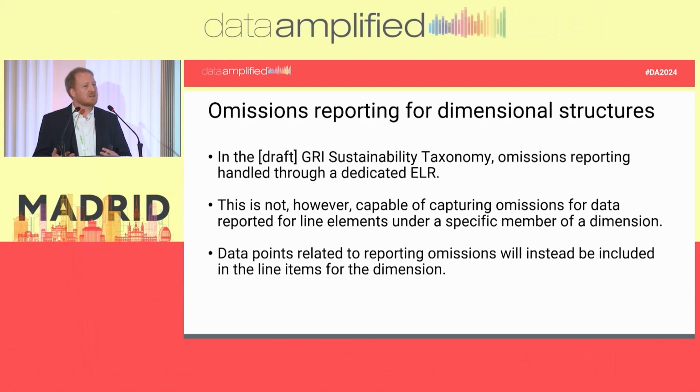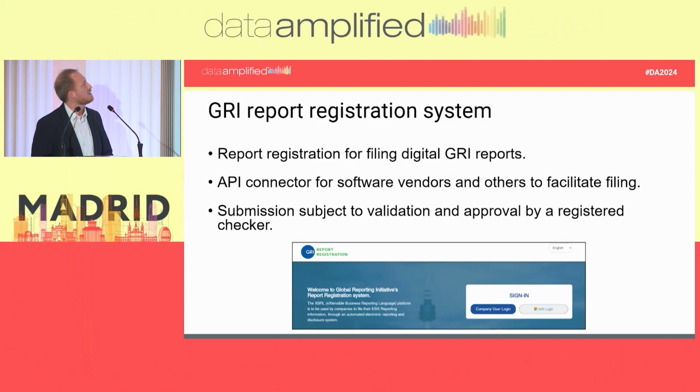This means we have to bring all that information around omissions into the structure of the taxonomy itself, at the level of line elements when you're using dimensions. That's a change we're making, which wasn't necessarily a result of the public consultation, but which we're working through at the moment. I thought it was quite an interesting reflection on how to do this.